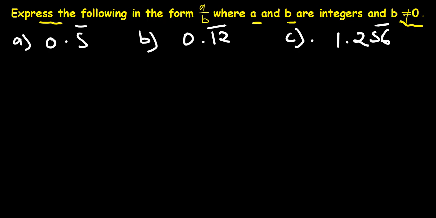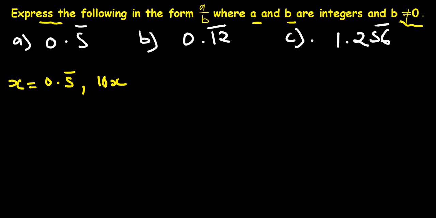So this one is very simple. We're going to say let x be equal to 0.5 bar. Okay, so we see that the repeating part is immediately after the decimal point. Okay, and then we are going to make 10x here, because we are only required to move this point once so that we have another number that has 5 bars repeating.